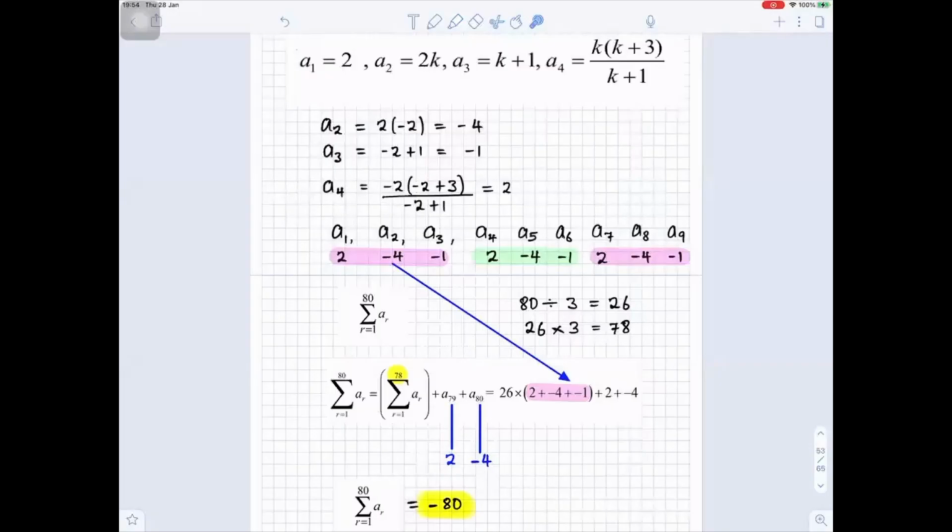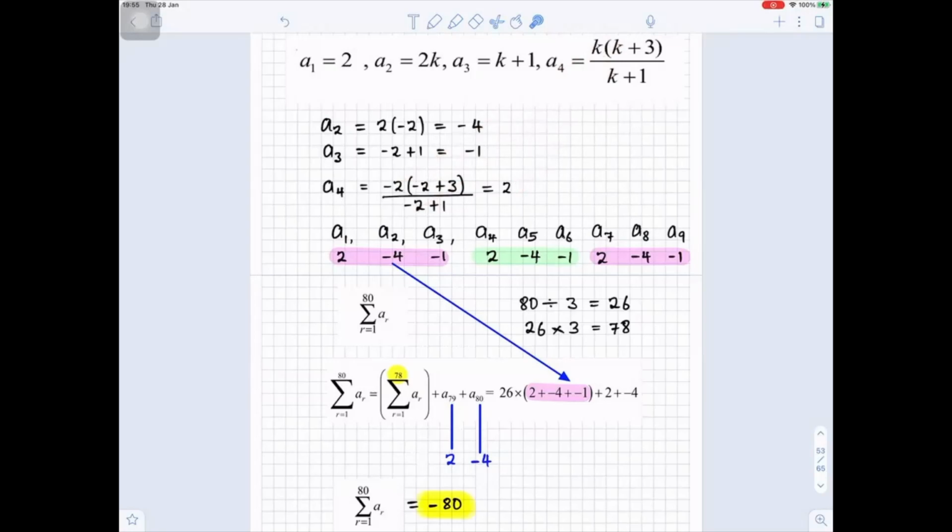So when we use K as minus 2, 2 times minus 2 will be minus 4. And if we put minus 2 for K there, minus 2 plus 1 will be minus 1. And we put minus 2 for K in that expression for A4. That will give us A4 to be 2.